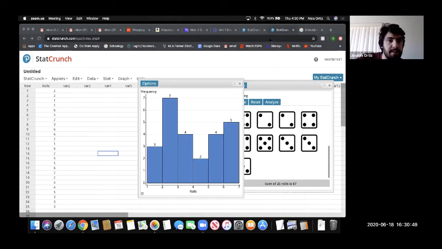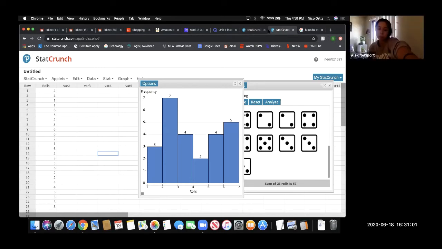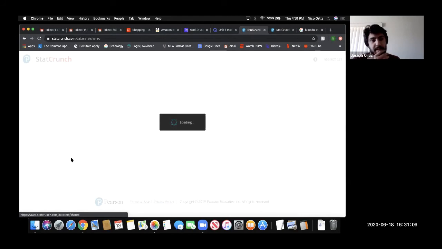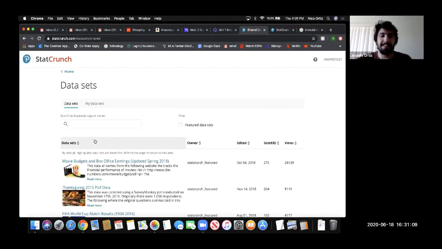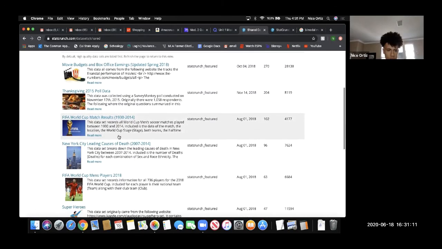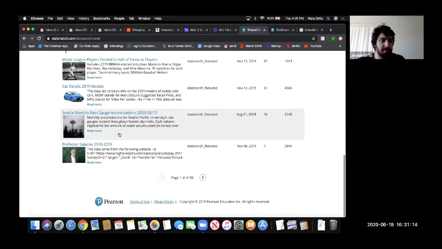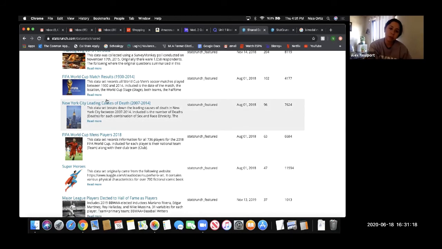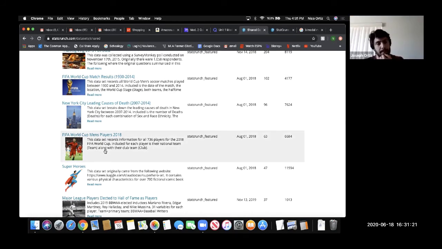All right, so go back to StatCrunch. You can just click the StatCrunch tab on the left. The next tab. That was fine. Data sets. You can search for whatever you want, or you can pick one of those. It's up to you. Usually they have you pick something that is of interest to you, so maybe your sport.